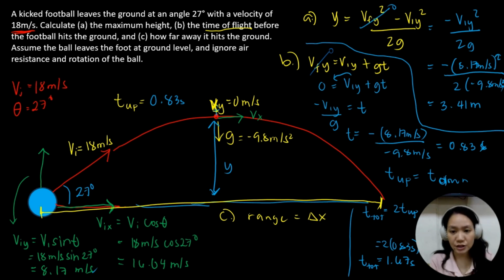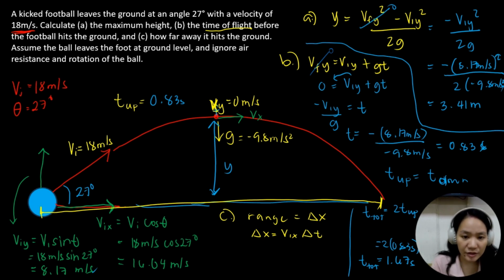If you look at the equations we had earlier, we have delta x is equal to Vix times delta t. Vix, the x component of the initial velocity, was already calculated earlier and we got 16.4 meters per second. So all we have to do is substitute that value in here.